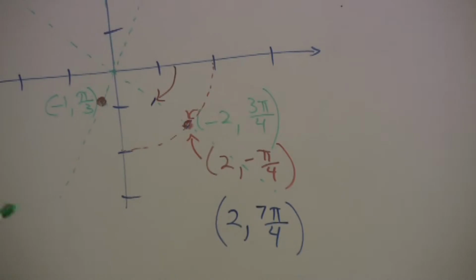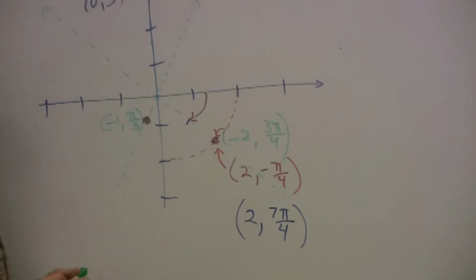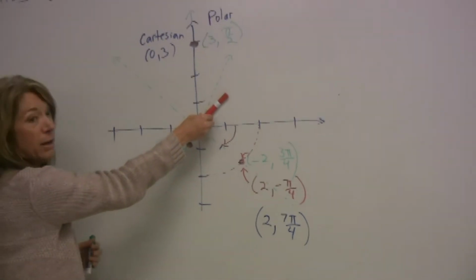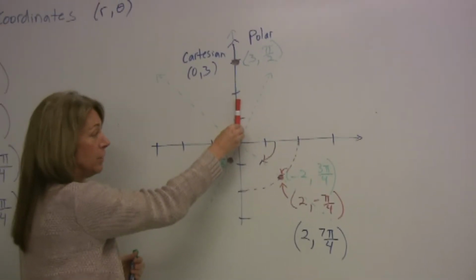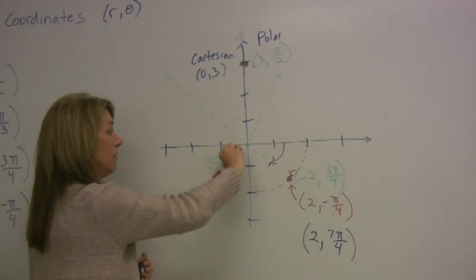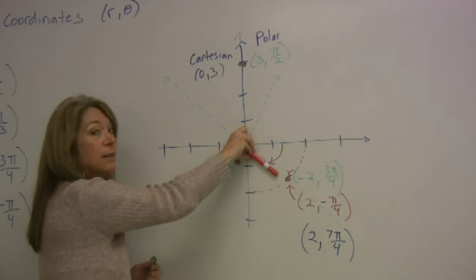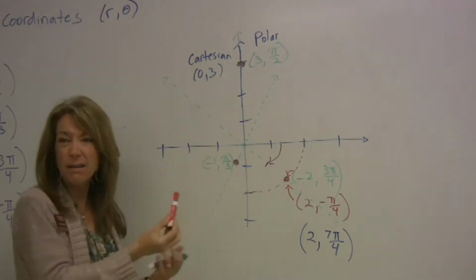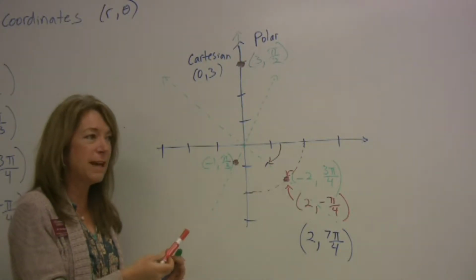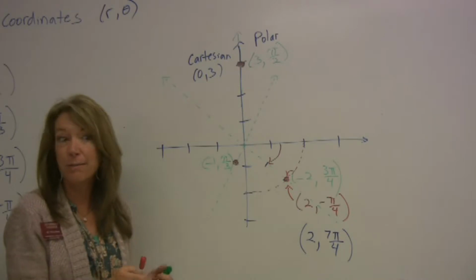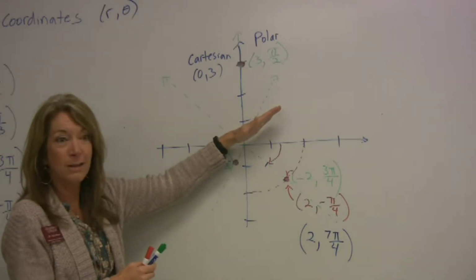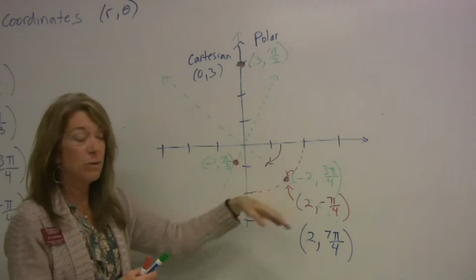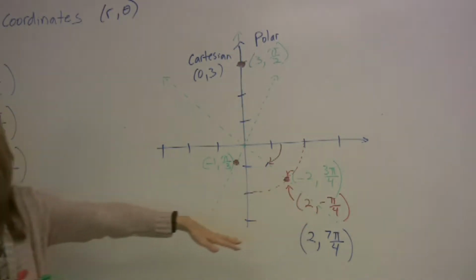Here's the way to easily find 7 pi over 4: here's 1 pi over 4, 2 pi over 4, 3, 4, 5, 6, 7 pi over 4. If you can't tell where 7 pi over 4 is, just count by pi over 4s till you get 7 of them. Because you guys know how much pi over 4 is. So 7 pi over 4 and 2. There's 3 different ways right there to say the same point.